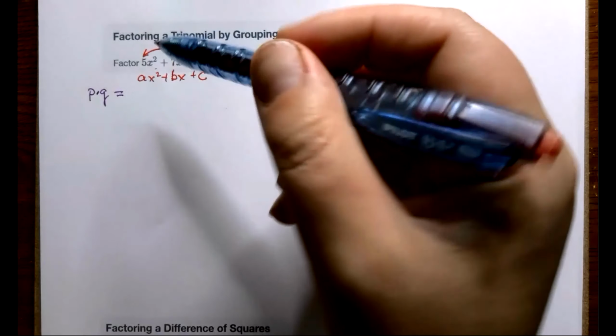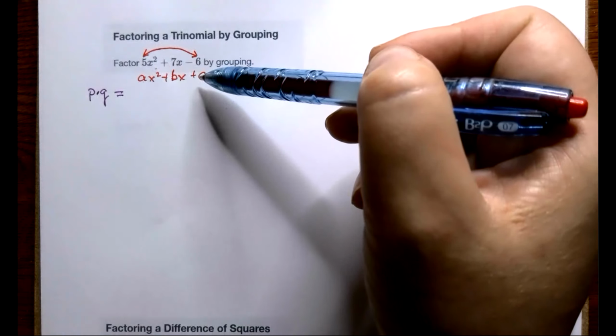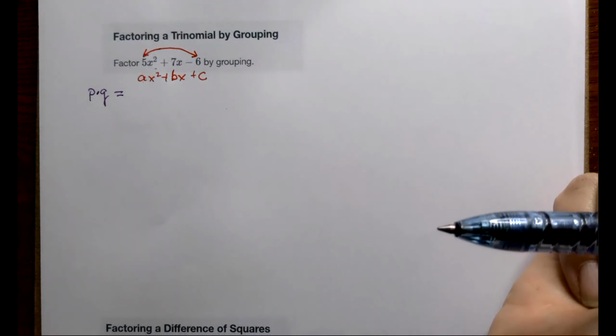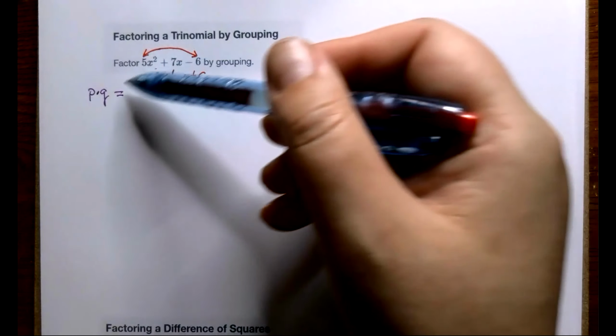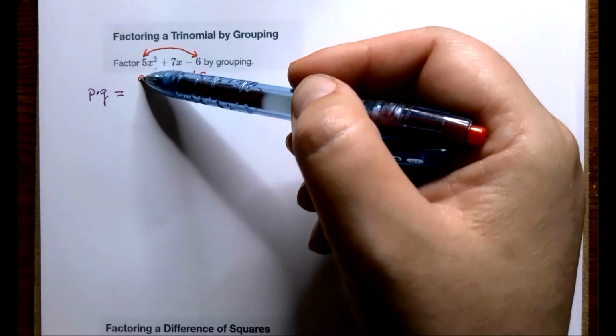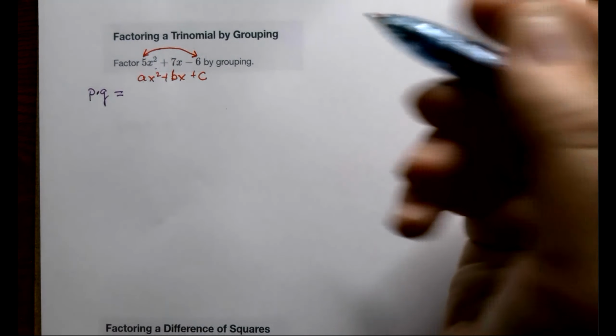So in our case, a is 5, b is 7, c is -6. Any trinomial that looks like this, and you could stick in any other numbers for a, b, and c, would be this type of trinomial. This is called a quadratic trinomial.